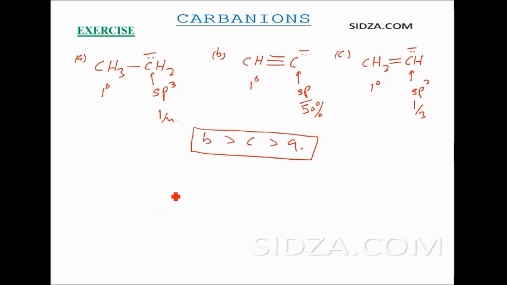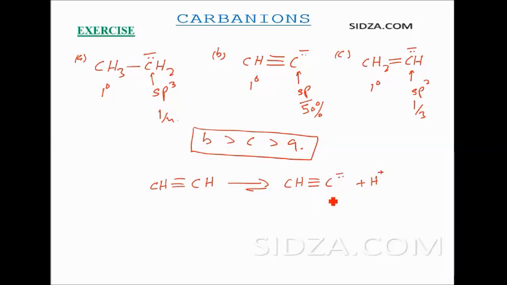Out of the alkanes, alkenes and alkynes, the acetylenic hydrogen is the most acidic because it has more s character. If you have HC triple bond CH, this is ethyne, and it has some acidic character. It dissociates into HC triple bond C negative and the H plus ion.